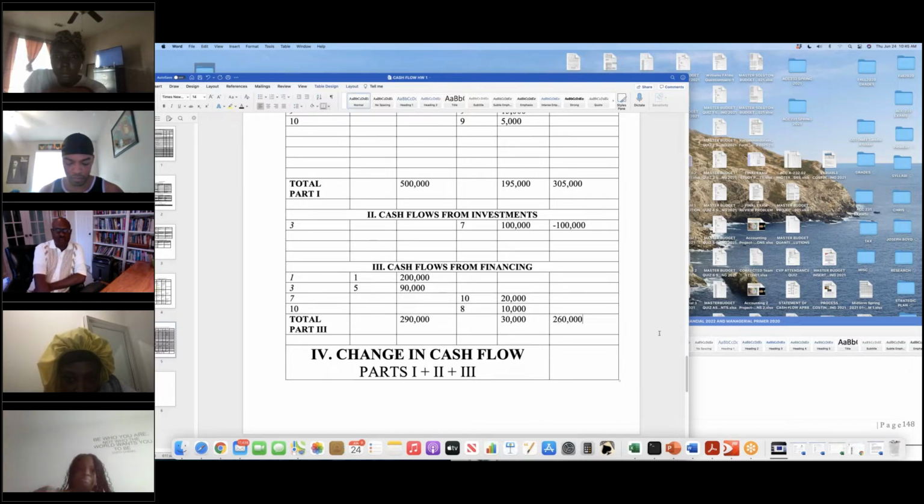So what was the total change in cash? That's 205 plus 260, 465. Is that right?